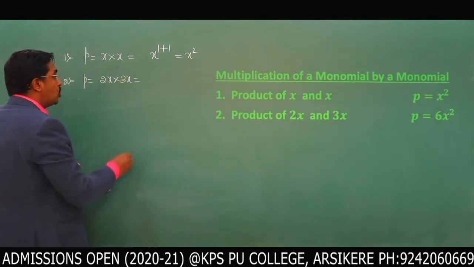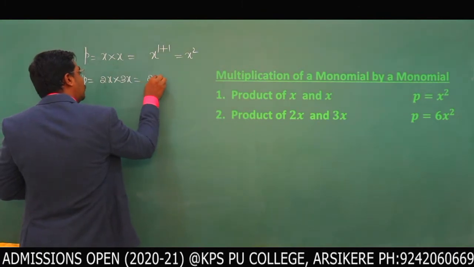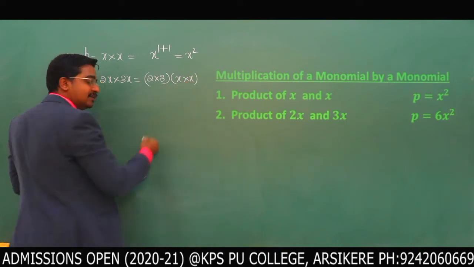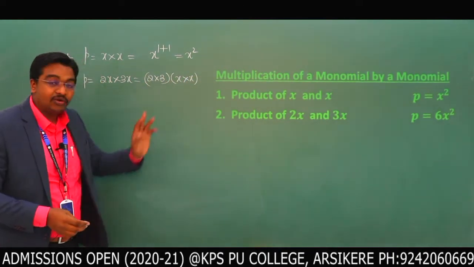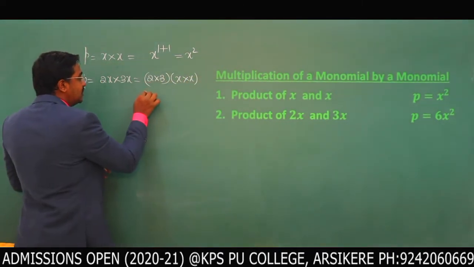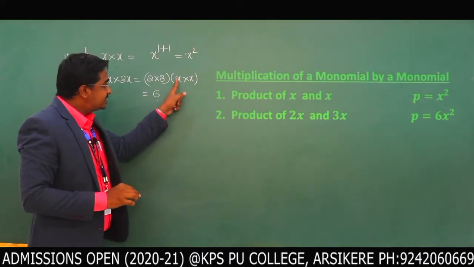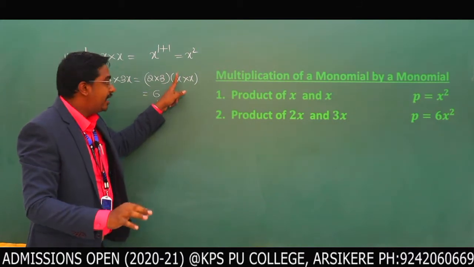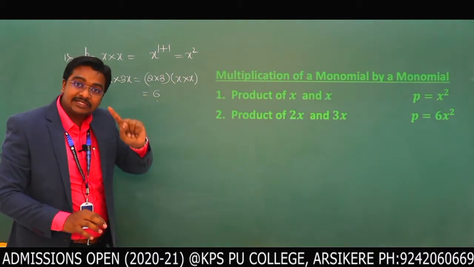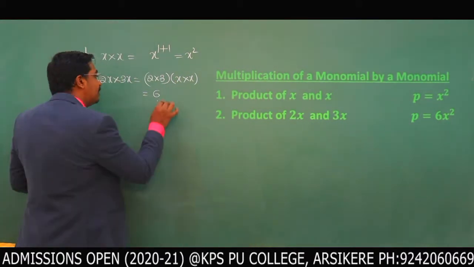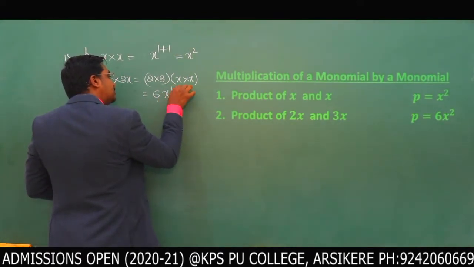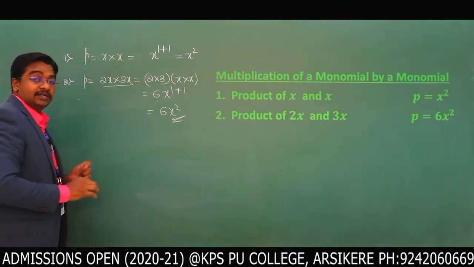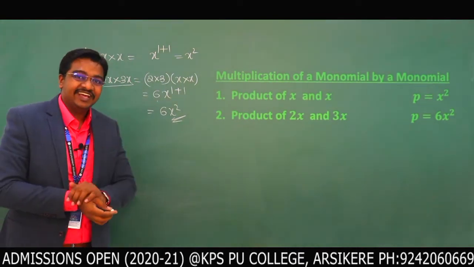Find the product of the coefficients: 2 into 3 into x into x. 2 threes are 6. x into x: both have plus sign and the powers are the same. When bases are the same, powers can be added, that becomes x power 1 plus 1. That is nothing but 6x square. The product of 2x and 3x becomes 6x square.